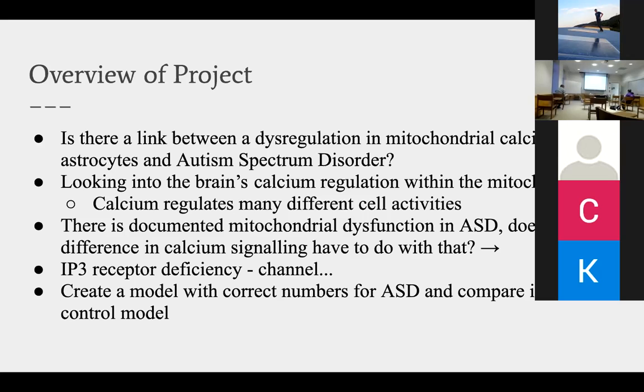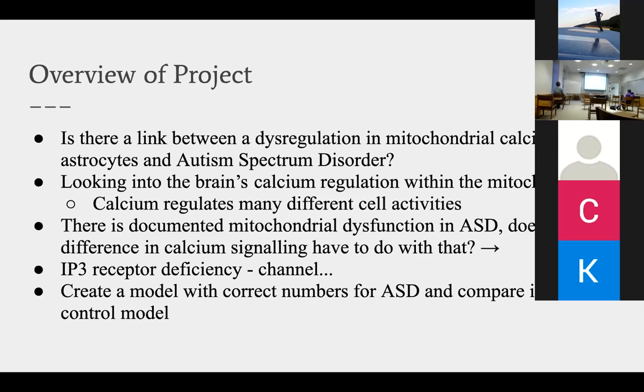So we'll look at the IP3 receptor, which is a channel that allows calcium to exit the endoplasmic reticulum and enter the mitochondria. And we looked at that closely because there's supposed to be maybe this deficiency in how it releases calcium. And then we created with Berkeley Madonna a model with some of those correct numbers for autism in order to compare it to a control model.